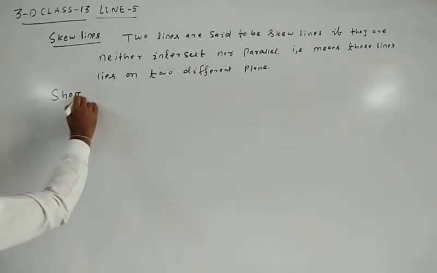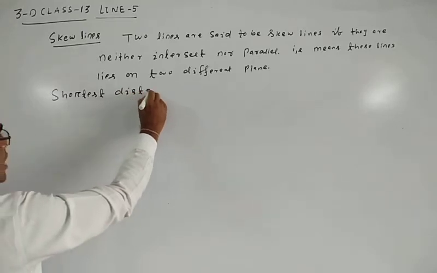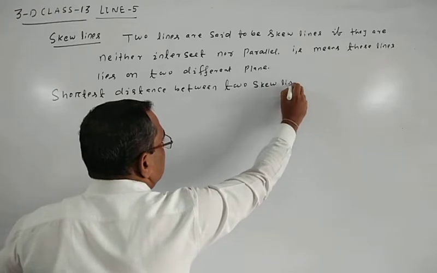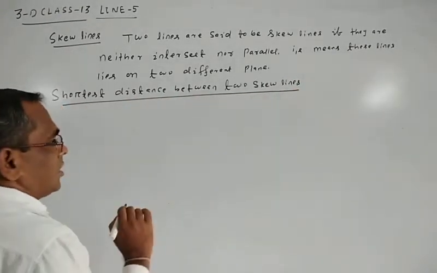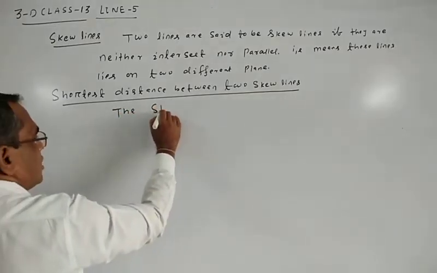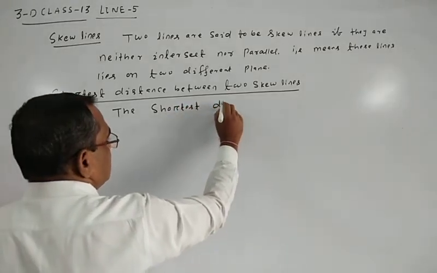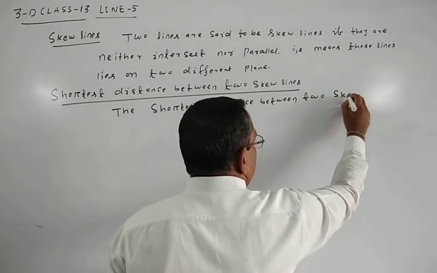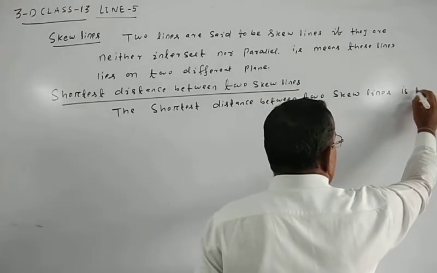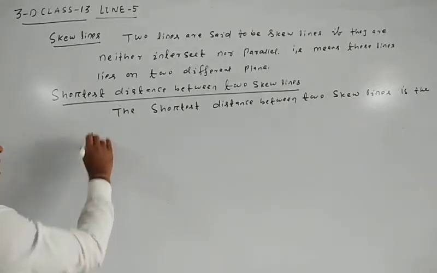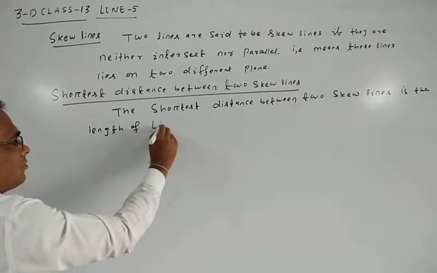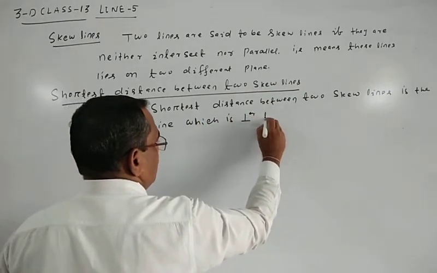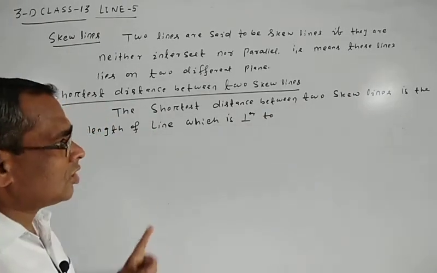Now, the shortest distance between two skew lines is the length of the line which is perpendicular to these two skew lines.